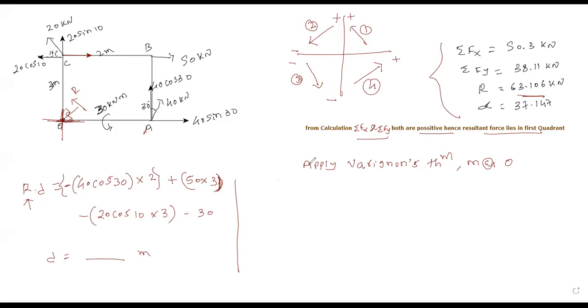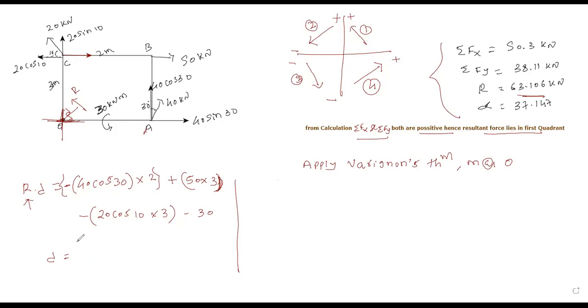Please re-verify. Let's first tell me this answer. We are going to calculate each and every calculation. 40 cos 30 into 2, how much will it come? Tell me. 40 cos 30 into 2, what is the value? Tell me.